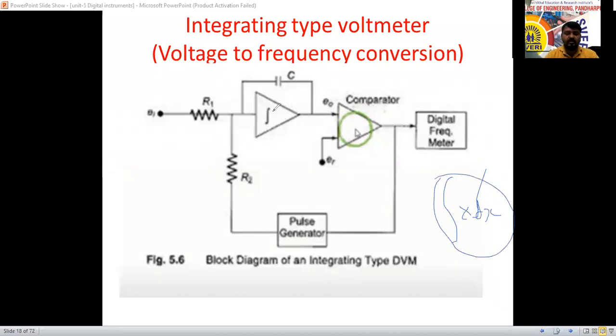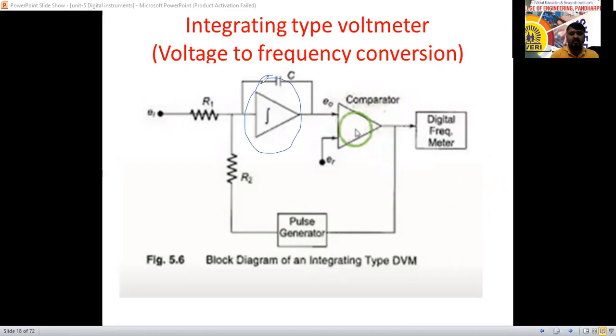We are using one integrator here. For that reason, the name came: integrating type digital voltmeter.